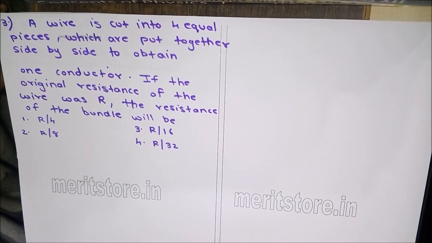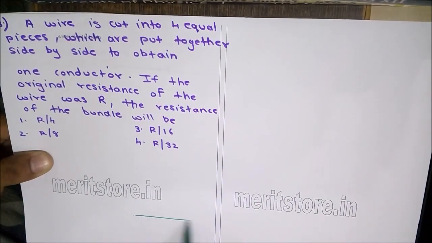A wire is cut into 4 equal pieces which are put together side by side to obtain one conductor. If the original resistance of the wire was R, the resistance of the bundle will be, we have 4 options: R by 4, R by 16, R by 8 and R by 32.